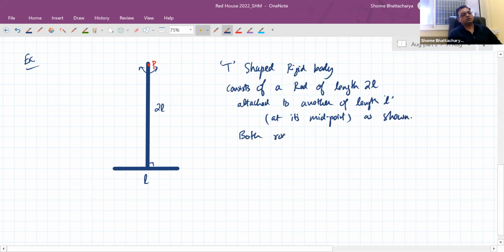Both rods are of the same isotropic material and same uniform thickness.